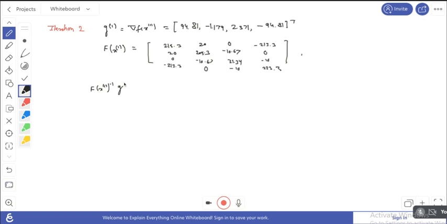After calculating, if you check, this is 9.1, this is 0.0529, 0.0846, 0.0846.